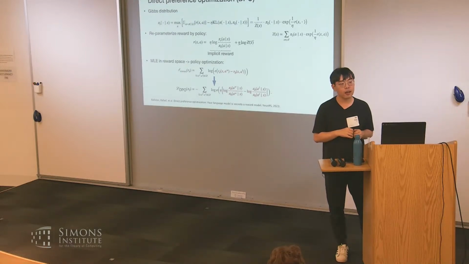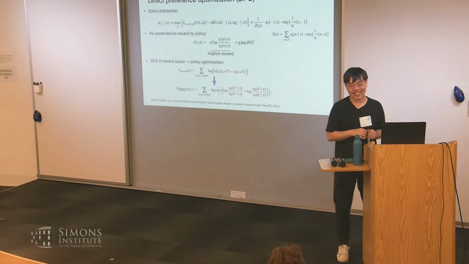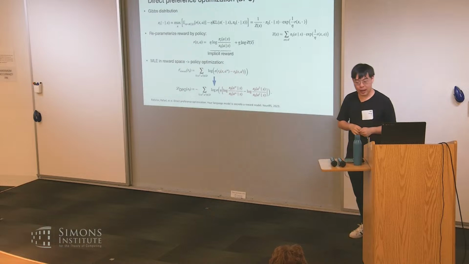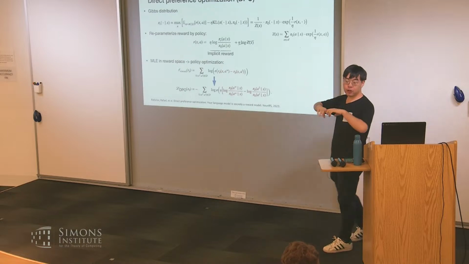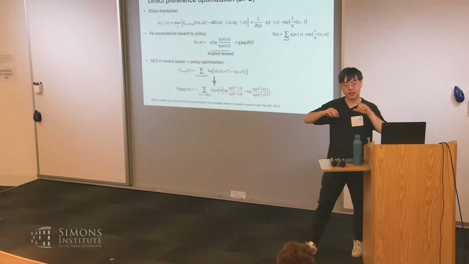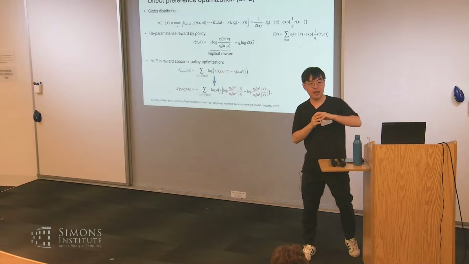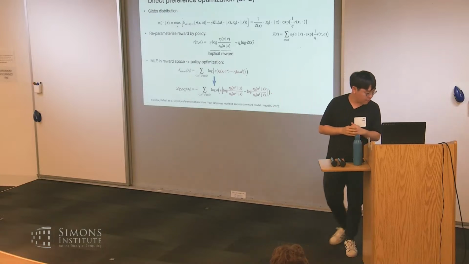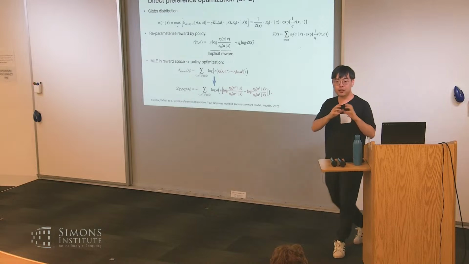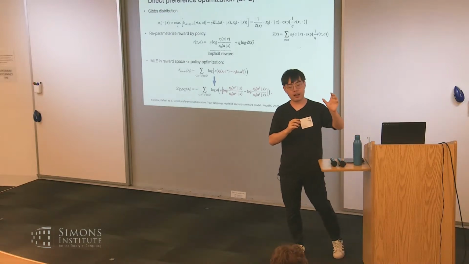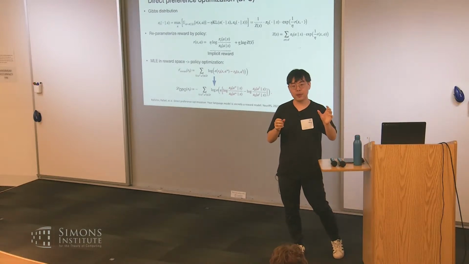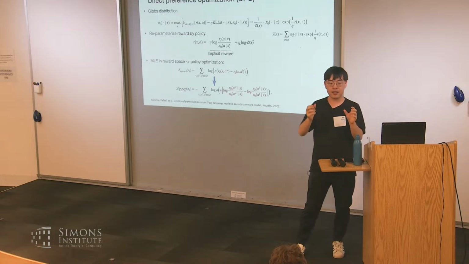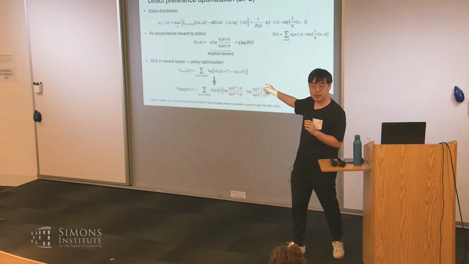Okay. I think the fact is that you have a bunch of offline data. In this offline data, you have some prompt responses and human signal. You can do two things. First, you train an MLE reward based on this data, and second, you can directly optimize the policy using the data set.